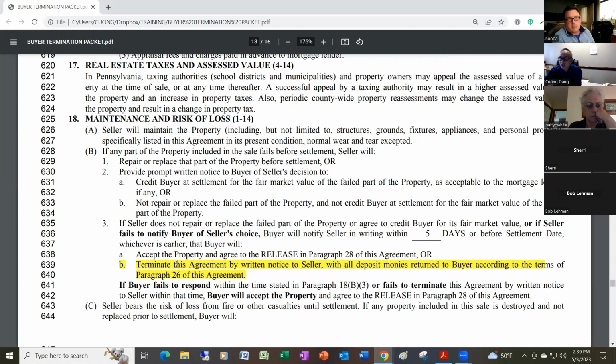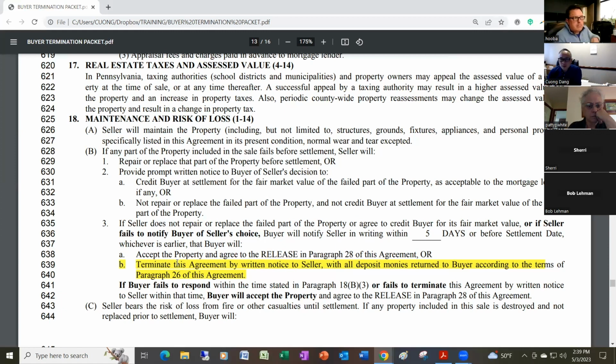So for example, hot water heater goes out. The seller says, Mr. Buyer, don't worry, I'll fix it before settlement with something similar. If it's a 50-gallon tank, they'll replace it with a 50-gallon tank gas. Then it's a moot point.